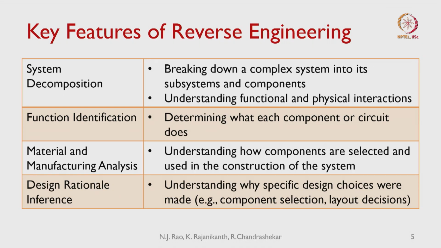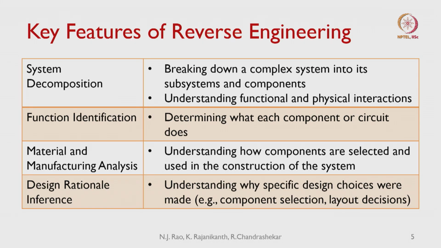Functional identification: determining what each component or circuit does. Then material and manufacturing analysis: understanding how components are selected and used in the construction of the system, which components are used, why those are used, and which kind of manufacturing process, if there is a manufacturing activity involved, is adopted and why it was adopted.